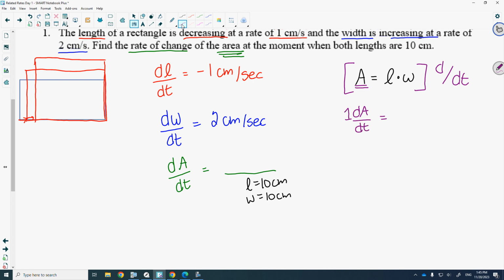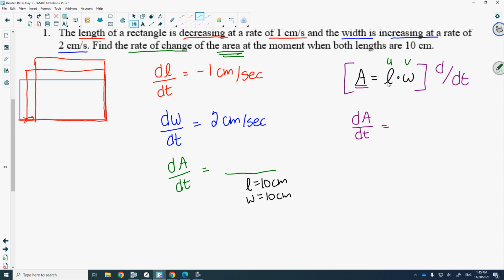It would be 1 dA/dt, but I don't need to have that invisible 1 there. So the derivative of area is dA/dt, equal to the derivative of length times width. This is going to be a product rule, so u and v. It's going to be uv prime plus vu prime.